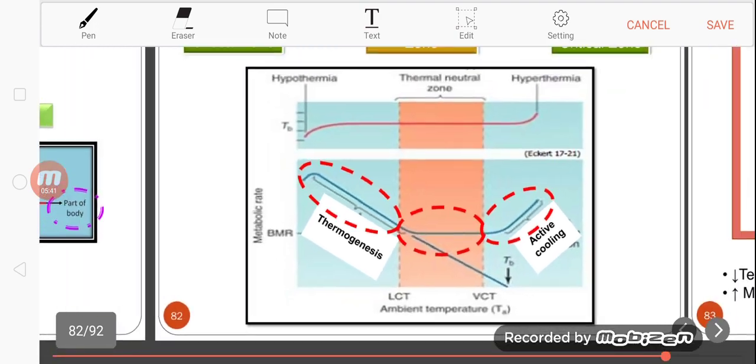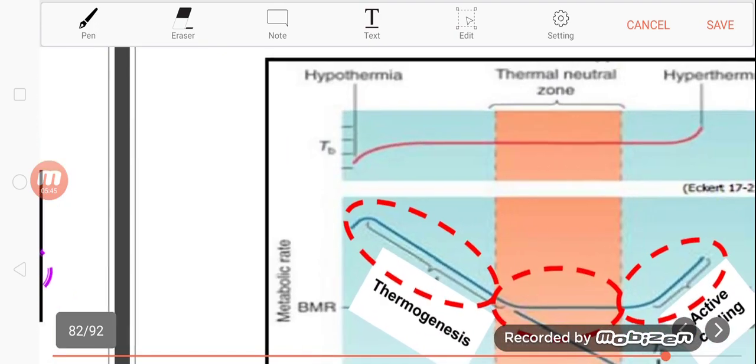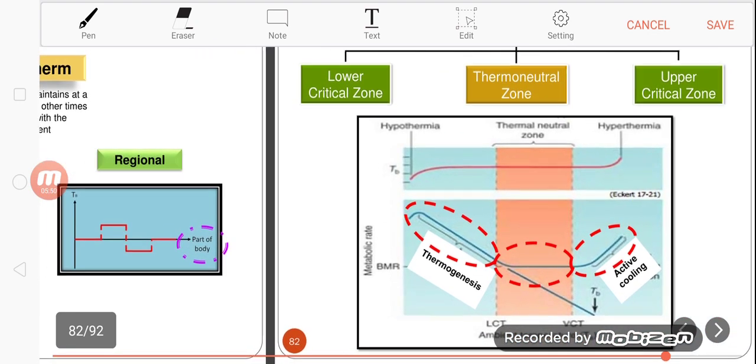Next slide here. This one relates to the thermal zone. The thermal zone is where the optimum physiological changes can occur. Below the lower critical zone, hypothermia.